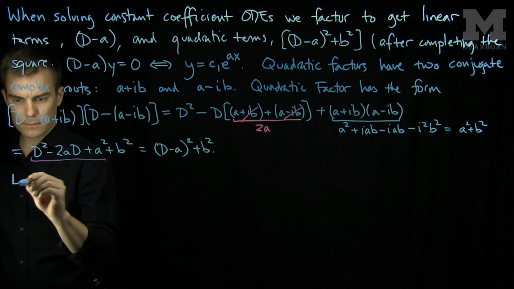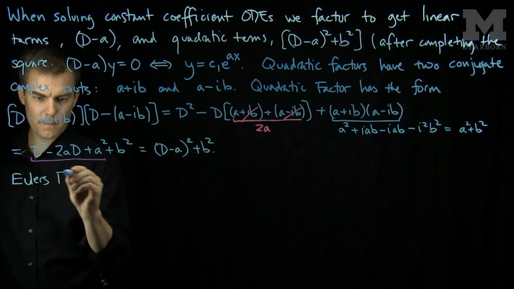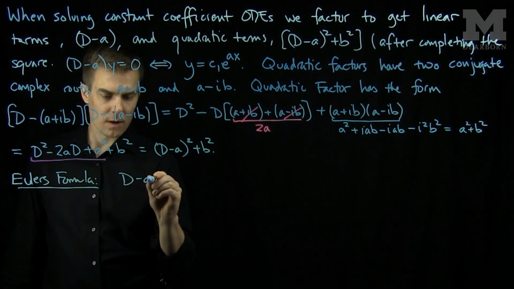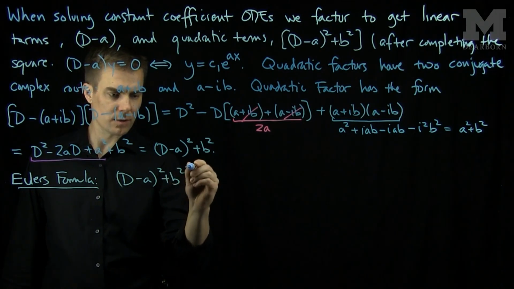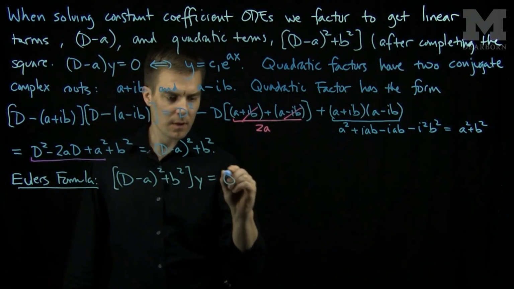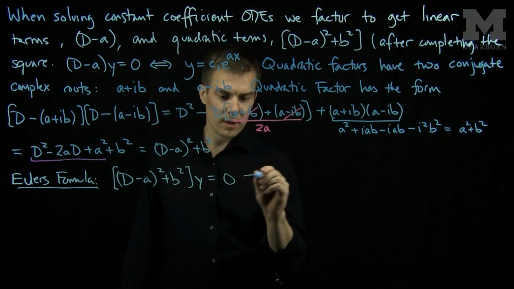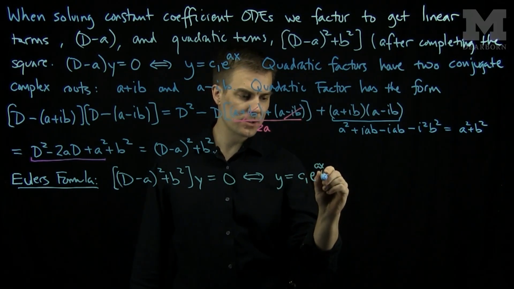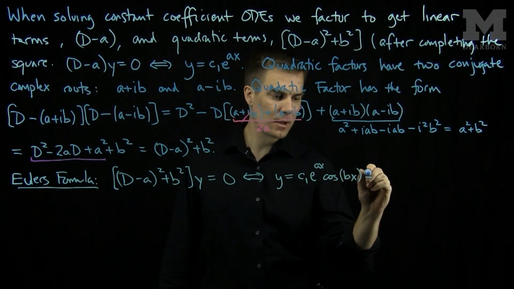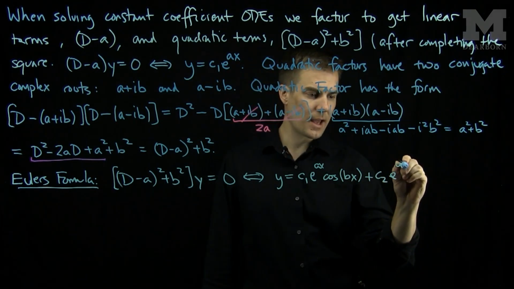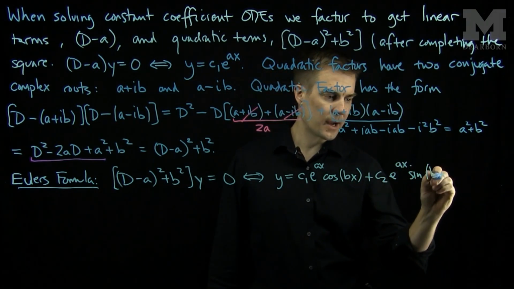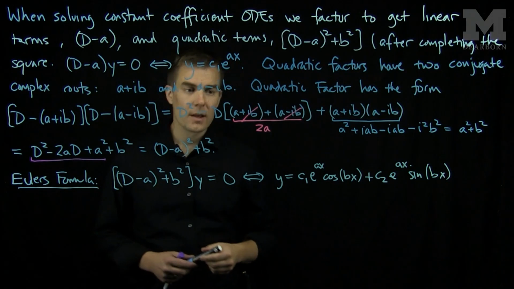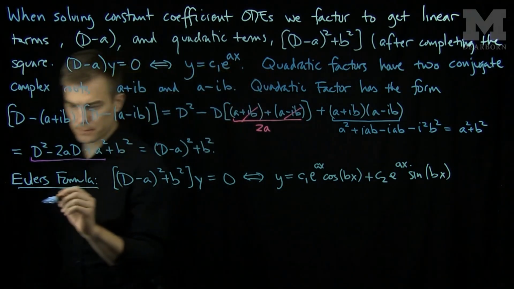Euler's formula will tell us that our quadratic term will be set to 0 if and only if y is c1 e to the ax cosine of bx plus c2 e to the ax sine of bx. And this becomes our second essential ODE, which comes from Euler's formula. So let's see how we can apply this in an example.